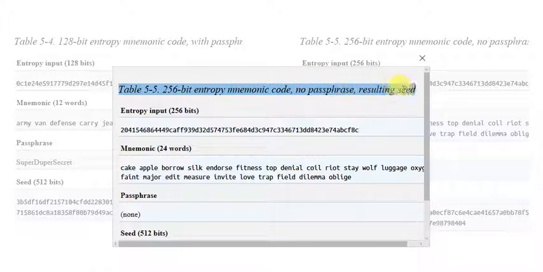Table 5-5. 256-bit entropy mnemonic code, no passphrase, resulting seed. Entropy input, 256 bits.